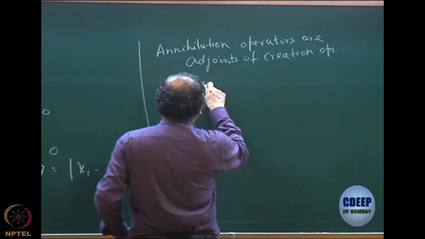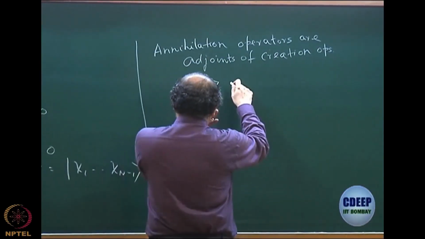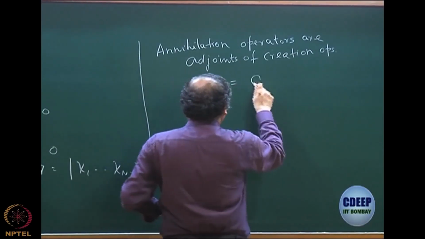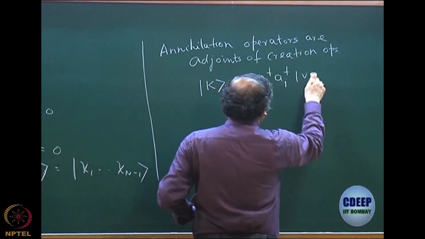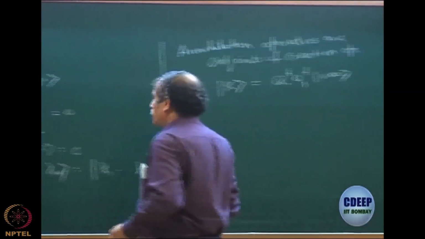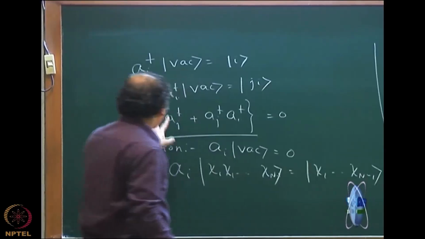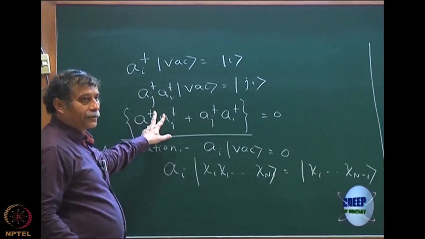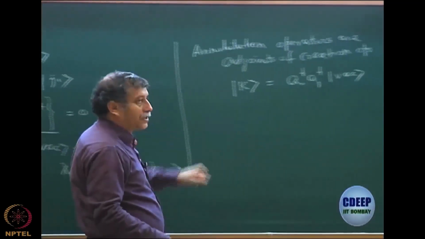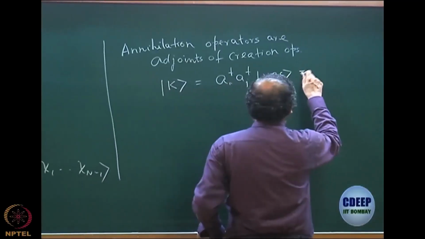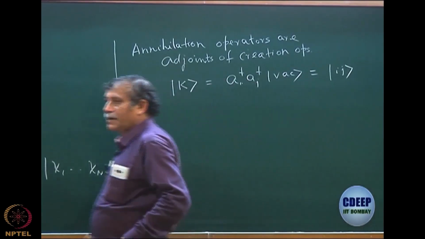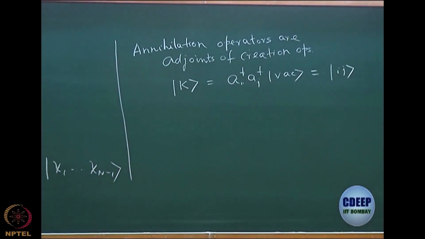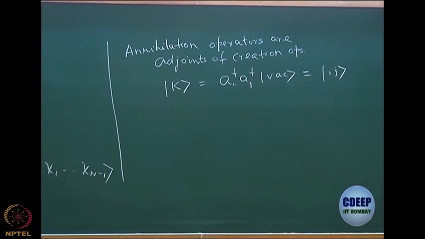So, let us take a 2 electron determinant, AI dagger, AJ dagger, vacuum. So, that is IJ. By definition, first J will be created, then I will be created.